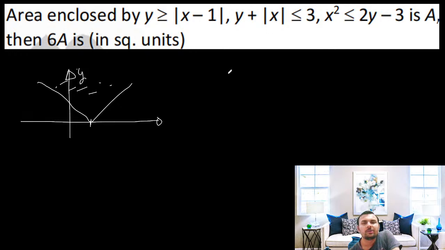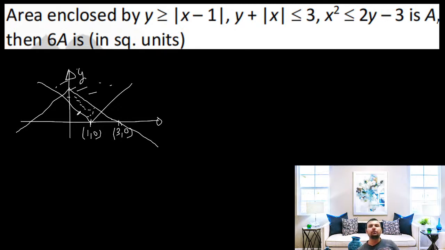So when x is positive, it is 3 minus x. So it is going like this. And when x is less than 0, it is 3 plus x, like this. Okay, so we are talking about this area.